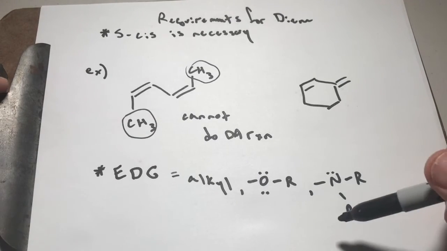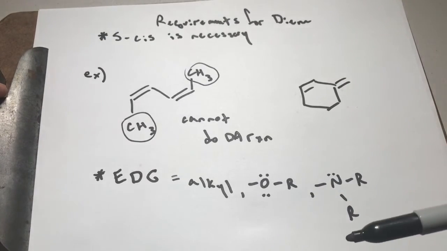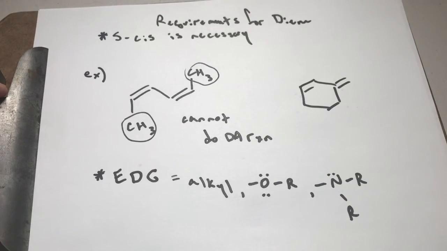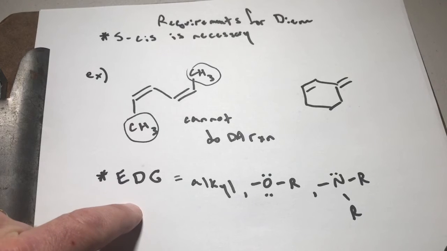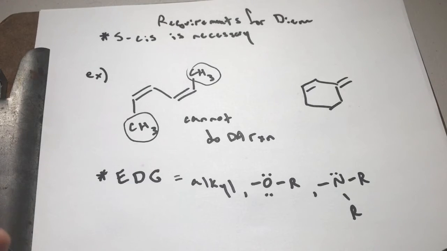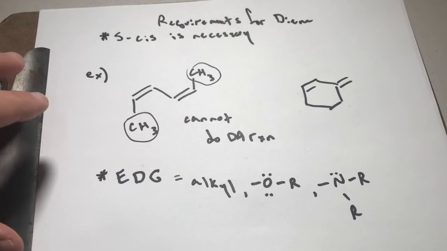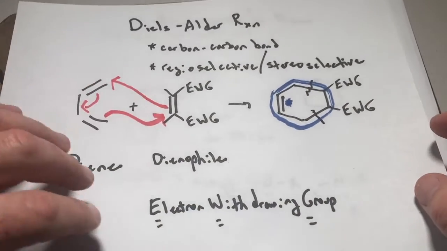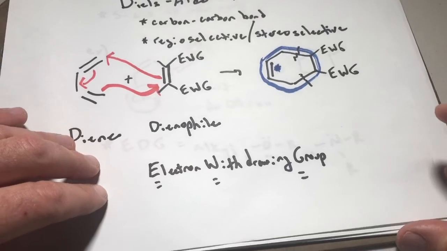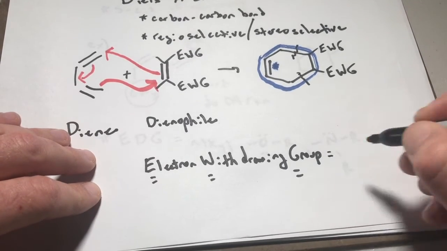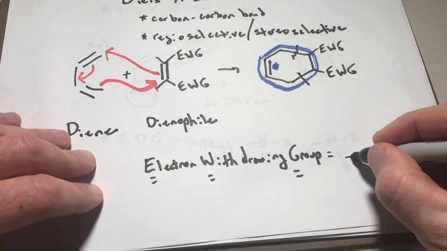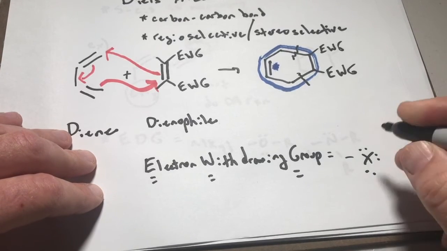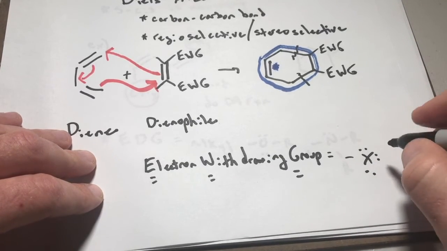So you'll typically see many reactions on your homework and such that have these groups arranged in the diene, and those are electron donating groups. Since I gave you a list of electron donating groups, it might be good for me to at least end this by talking a little bit about electron withdrawing groups. These are very commonly things like halides, X representing anything in the halogen family.